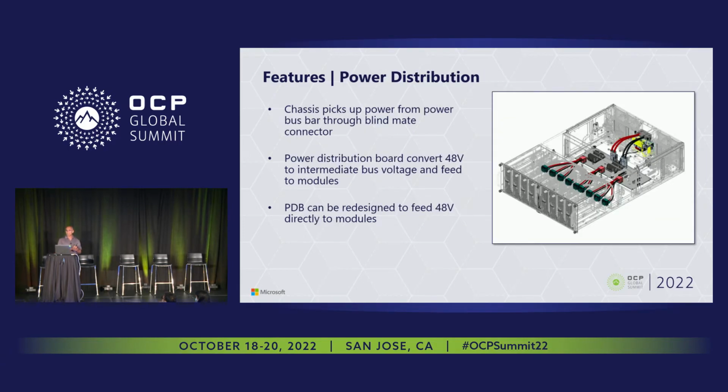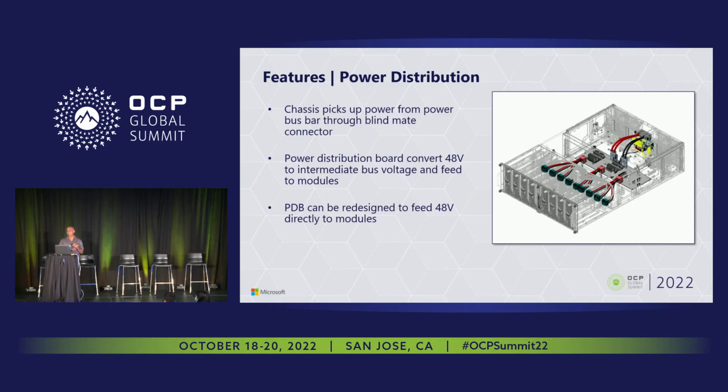From the power standpoint, we pick up the 48 volt from the Open Rack V3 power bus bar and feed that 48 volt into a power distribution board. In this design, we convert that 48 volt into an intermediate bus voltage, 12 volt, which is then distributed to the modules. This power distribution board can be easily modified to pick up any other intermediate bus voltage, or we could even take the 48 volt and feed it directly to the modules.